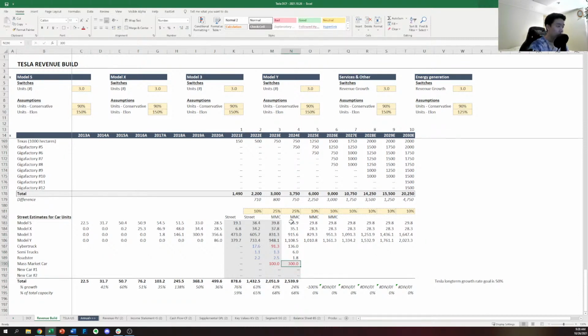So if we look here, the Model 3, which was their cheap sedan, went from 1.8 to 146 in one year. That actually makes me think that 100 in the first year is probably fine, then 150 the following year, and then 300.